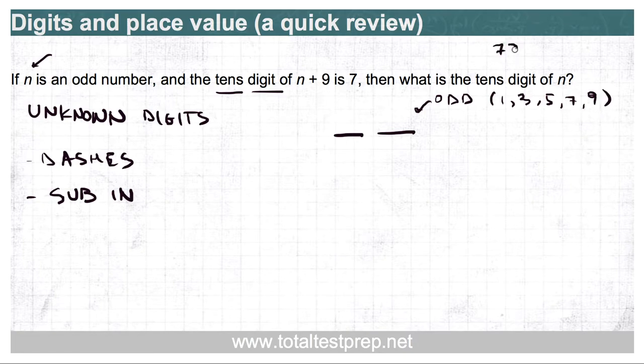A number like 72, for example, is not odd. 73 is.